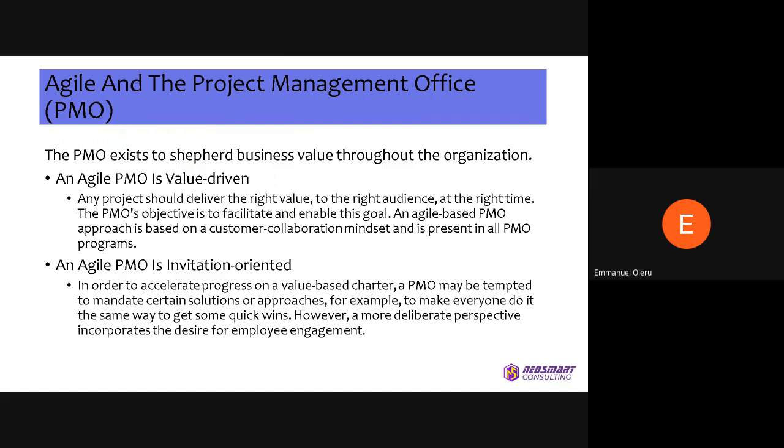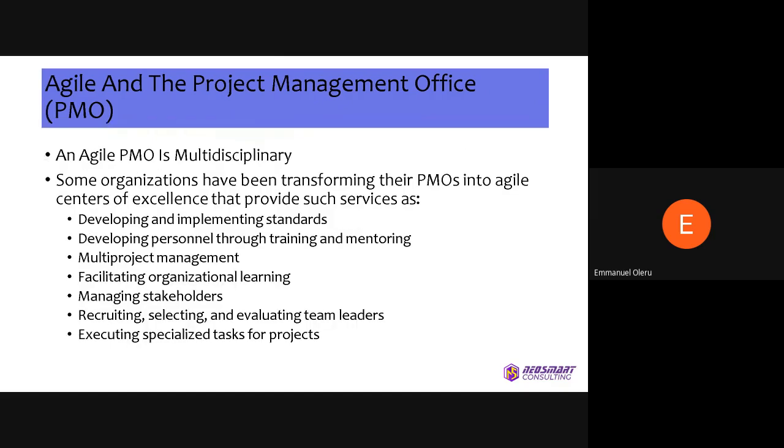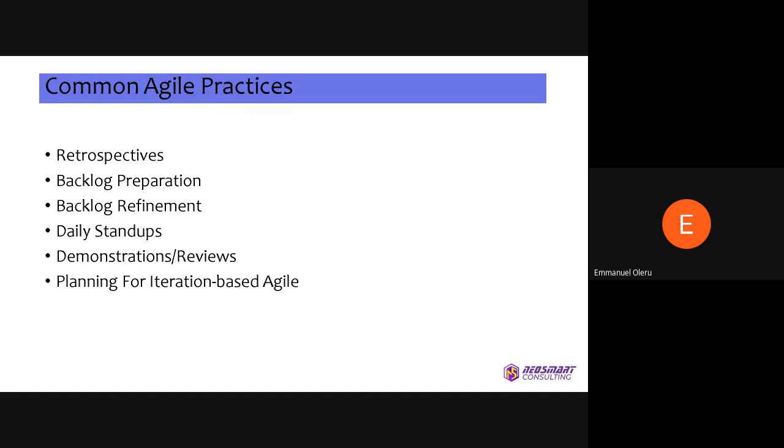However, a more deliberate perspective incorporates the desire for employee engagement. Another function is that an agile PMO is multidisciplinary. So you have different people and systems that come together to develop and implement standards, recruit, select, and evaluate team leaders, execute specialized tasks for projects, facilitate organizational learning, multi-project management, and develop personnel through training and mentoring. These are key things when it comes to agile.